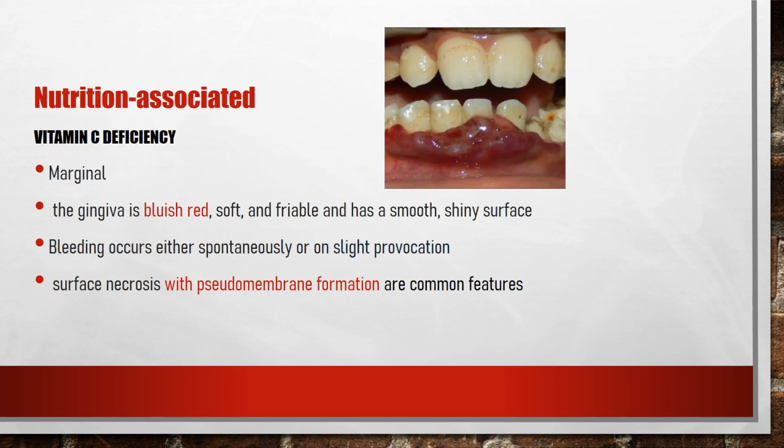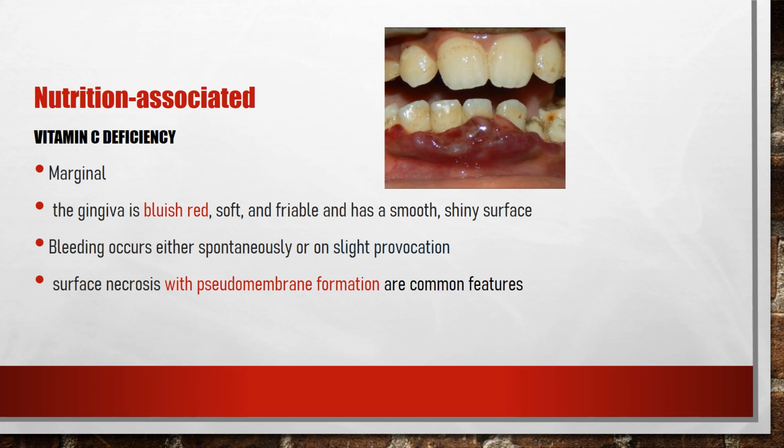Then comes nutrition associated gingival enlargement, which is mainly associated with vitamin C deficiency. Enlargement of the gingiva is generally included in classic descriptions of scurvy. It is mostly seen in the marginal region, and the gingiva appears bluish red, soft, friable, and has a smooth shiny surface.